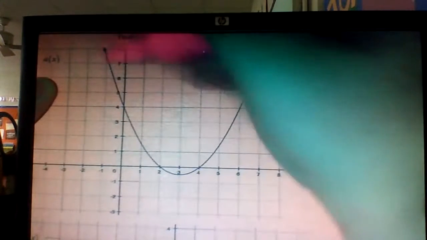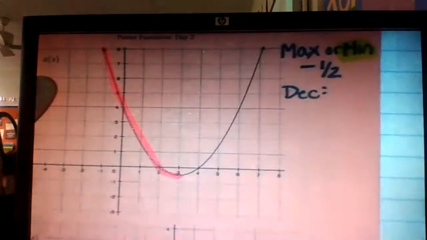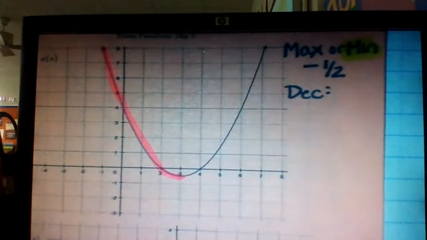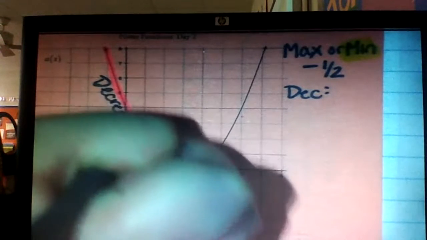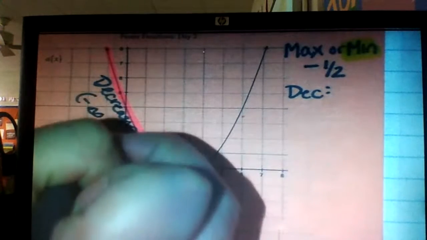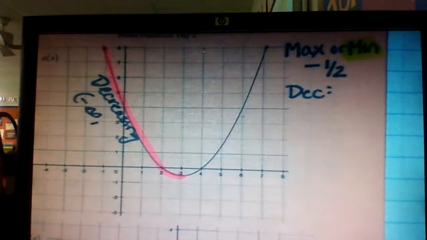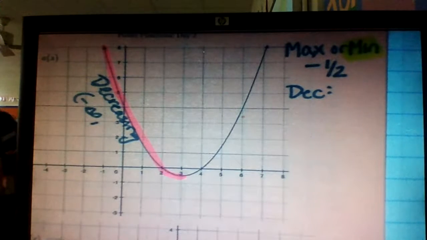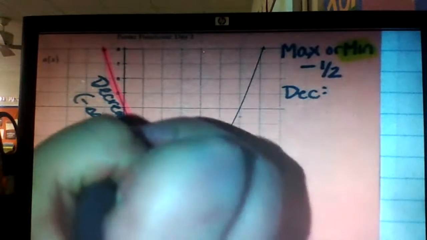So I'm decreasing from the left of my graph, from -infinity. When do I stop decreasing? How far to the right do I go before I stop decreasing? 3. So I go from the left of my graph clear up to +3.